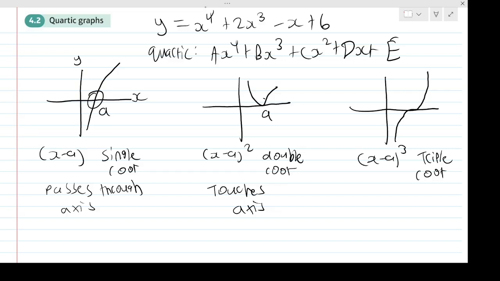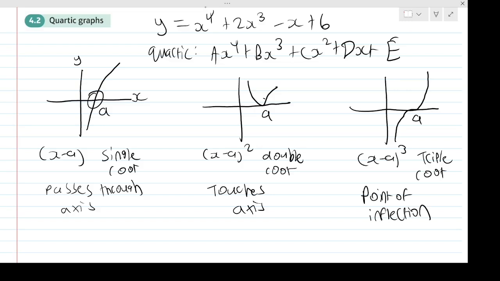The point would be there in the middle somewhere. So instead of just passing through and not changing course particularly, it starts to level off at the point. That's a triple root, and we call that a point of inflection when it looks like that.